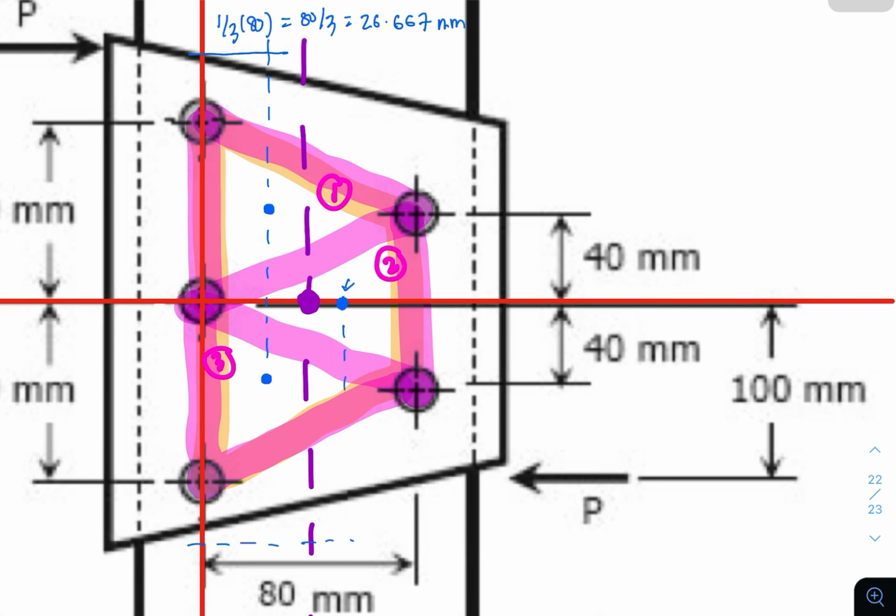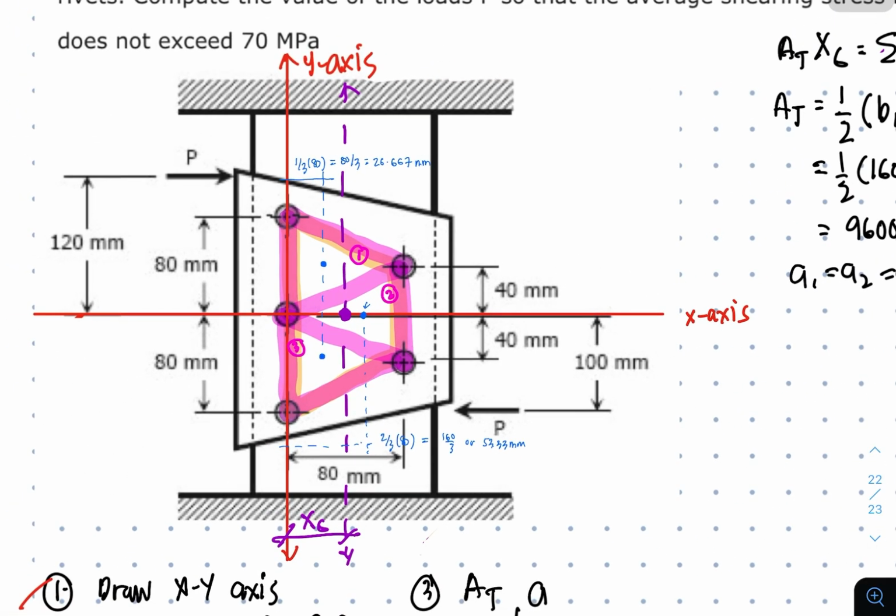And for this one, since we reckoned this centroid from our y-axis, I can simply say that this is 2/3 of the height of the triangle, that is 2/3 of 80, and that gives us a value of 160 over 3, or 53.33 mm.